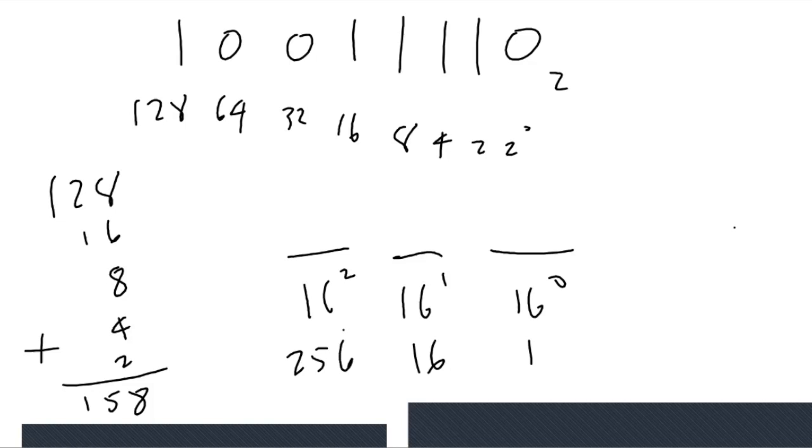In binary you have either 0 or 1, in base 10 you have 0 through 9, and in base 16 you have 0 through 15. After 9, you have A, B, C, D, E, and F. F is 15. So A is 10, F is 15, and you count in between for all the others.